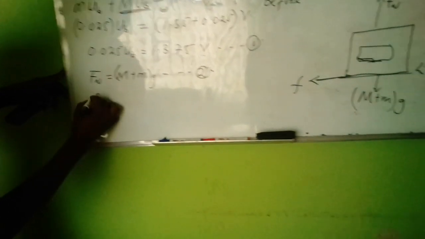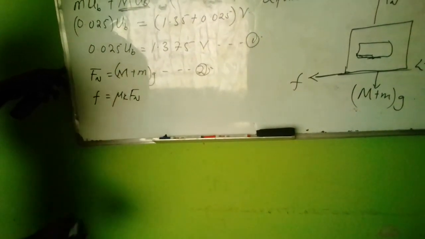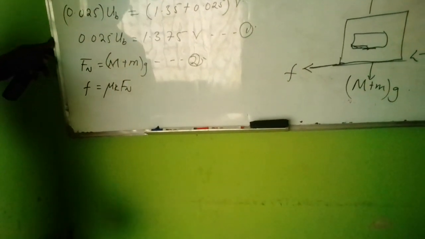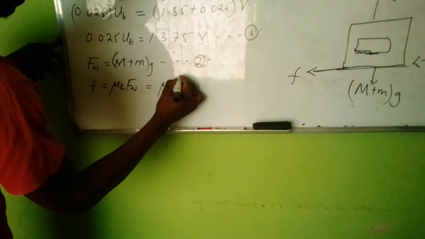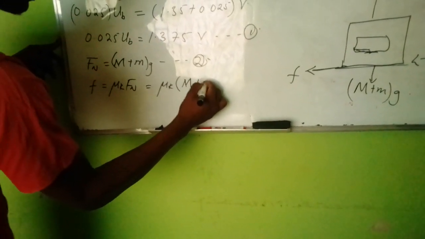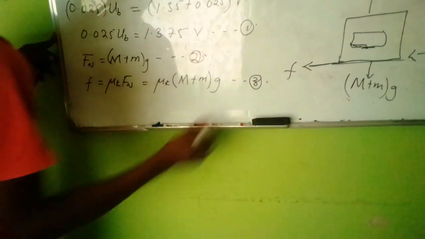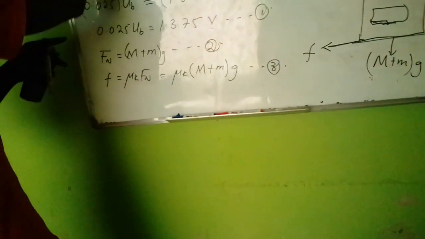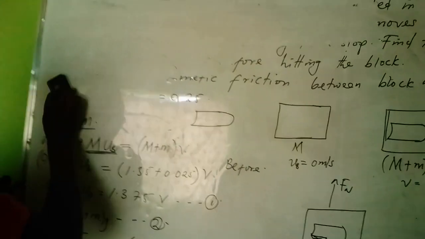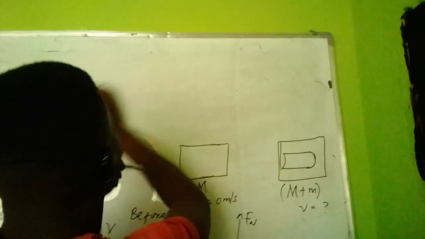So we know that friction force is given by the coefficient of kinetic friction times normal force, which is just (m plus M) g. Okay, so that is my friction force, and that is my equation 3. Let me erase here. I guess I have all the needed information.